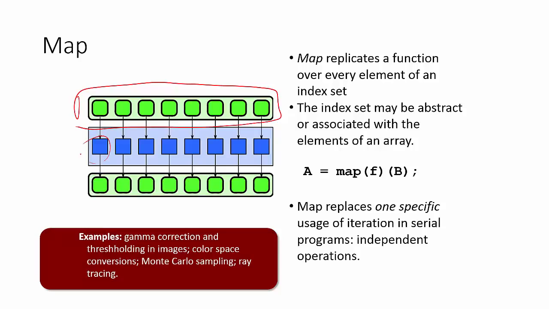What is important here is to realize that the function is the same for all elements. So map replaces one specific use of iteration in serial programs with independent operations. In serial programming, this is done sequentially, one element at a time, and with map you can do it in parallel. This is a very useful kind of pattern in many kinds of operations.